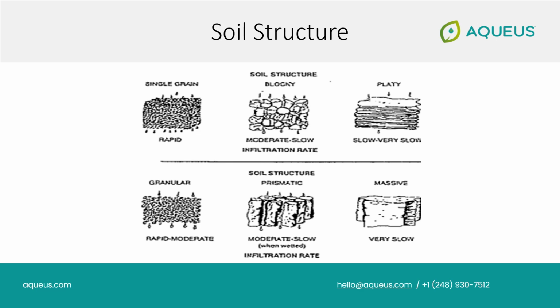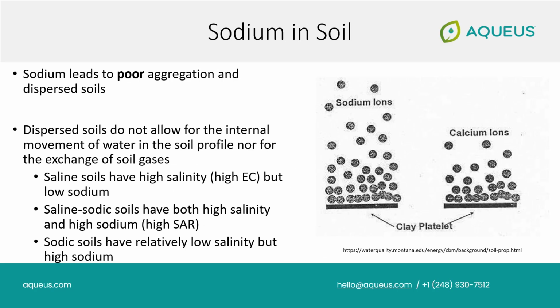And it can go all the way, especially if it stays wet, it could move all the way to the right and become massive. So if you took this prismatic structure and you didn't change much of anything other than, when it's moist, put some compaction effort on it, you can quickly turn that into a massive soil structure, depending on how much load is placed on it.